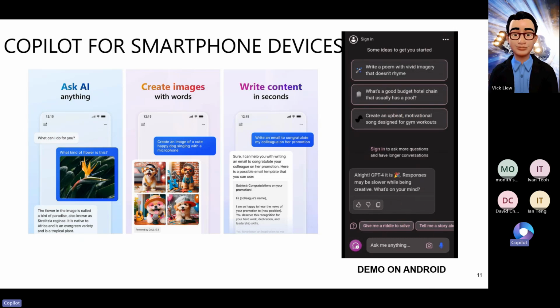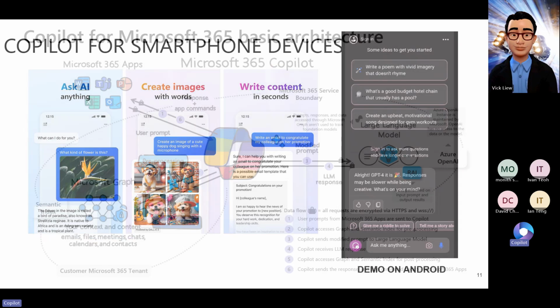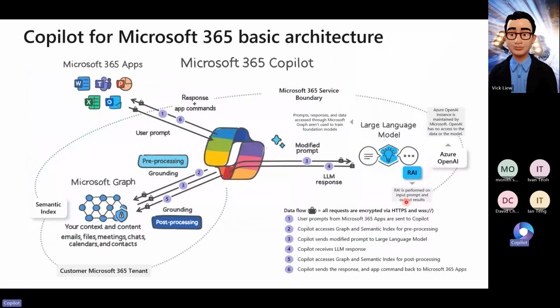So I will go to the next slide. This is just the basics about Copilot. How does Copilot for Microsoft 365 work, right? Let's say on the left side here, you have all the apps, and then you send a command, like create a proposal, summarize this text, create a graph in Excel, or create a PowerPoint, right?